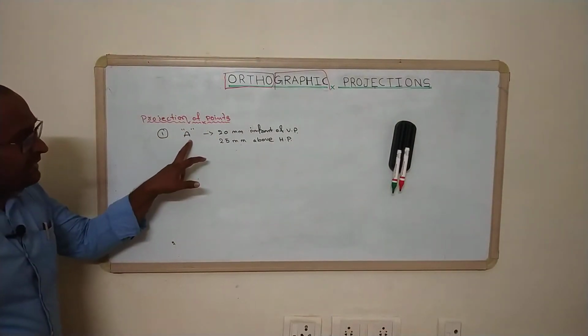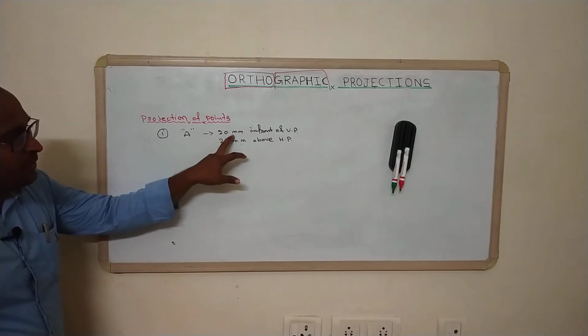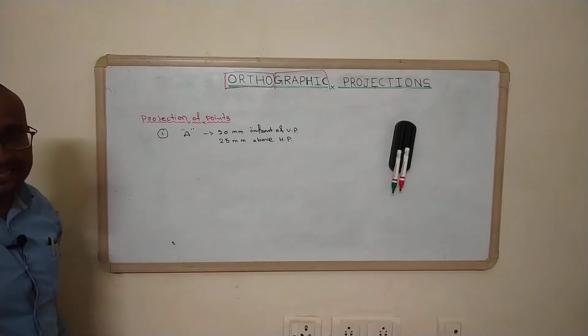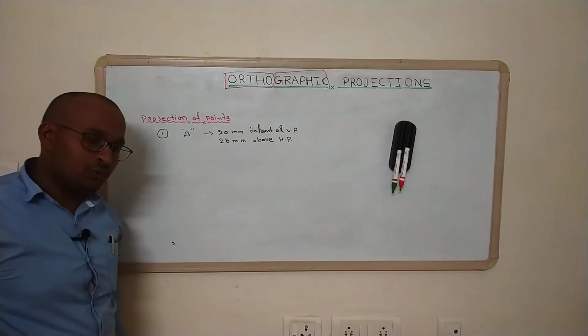A point A is 20 mm in front of VP and 25 mm above HP. Draw its front and top views.